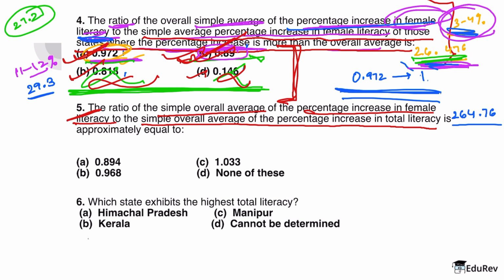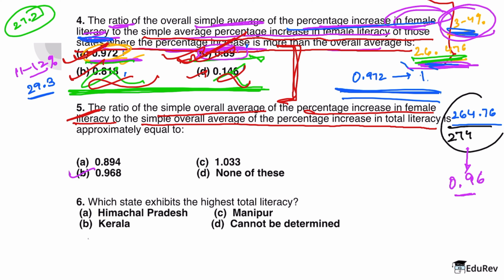So the total of the female literacy column was 264.76, which we calculated in the previous question, and the approximate total of the total literacy column was around 274. If I take the ratio of these two, the answer is 0.96. So this is the answer. Correct.